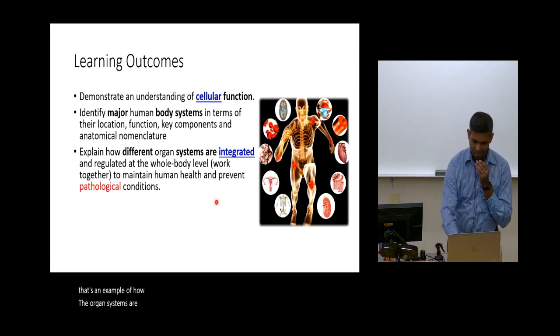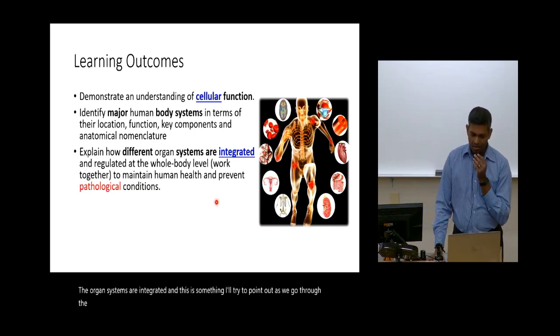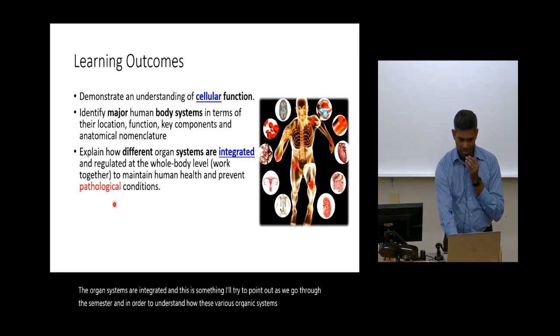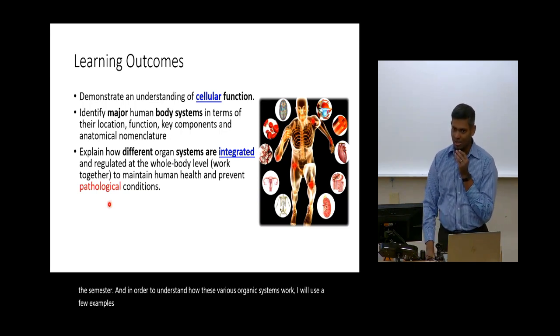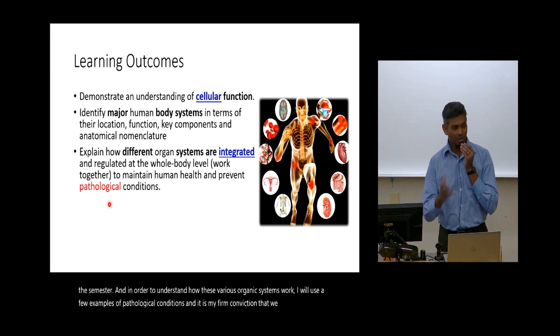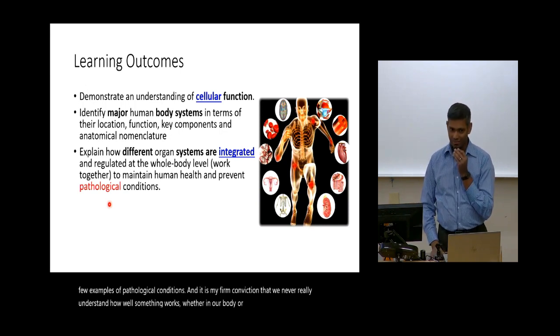And this is something I'll try to point out as we go through the semester. And in order to understand how these various organ systems work, I will use a few examples of pathological conditions. It is my firm conviction that we never really understand how well something works, whether in our body or even if it's some device, until it actually stops working, right?